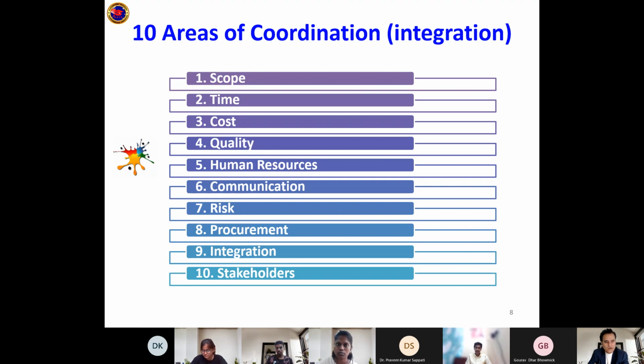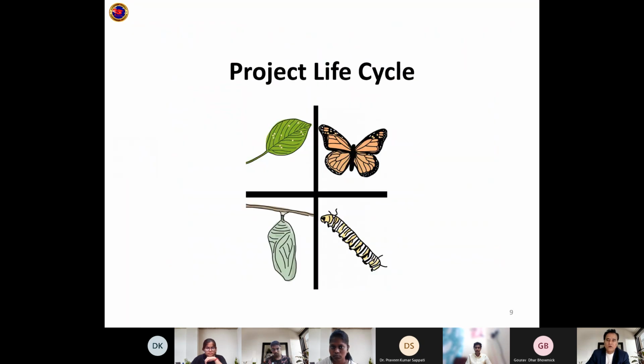Now that we have understood overall the integration function of a project manager, the next important concept, like this one which is project management is about managing 10 functions, is that project management is also about managing the project life cycle. Now, everything has a life cycle.